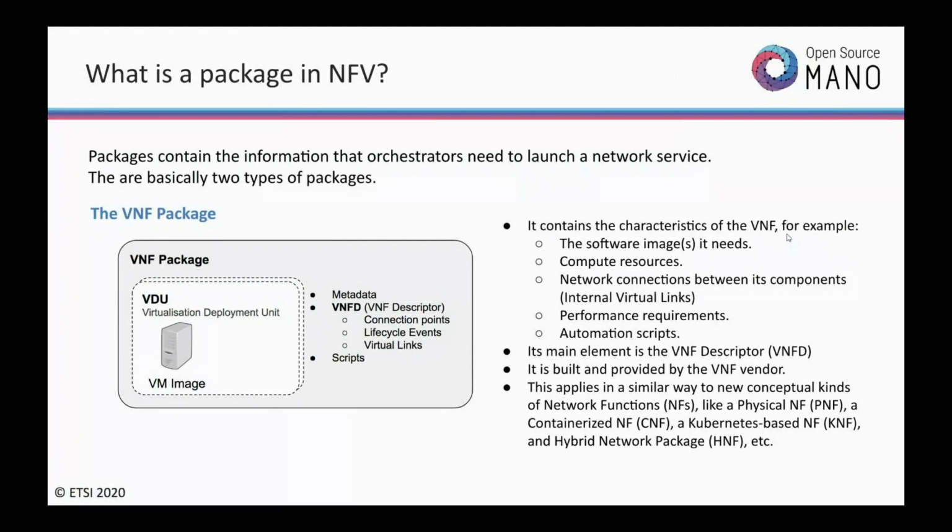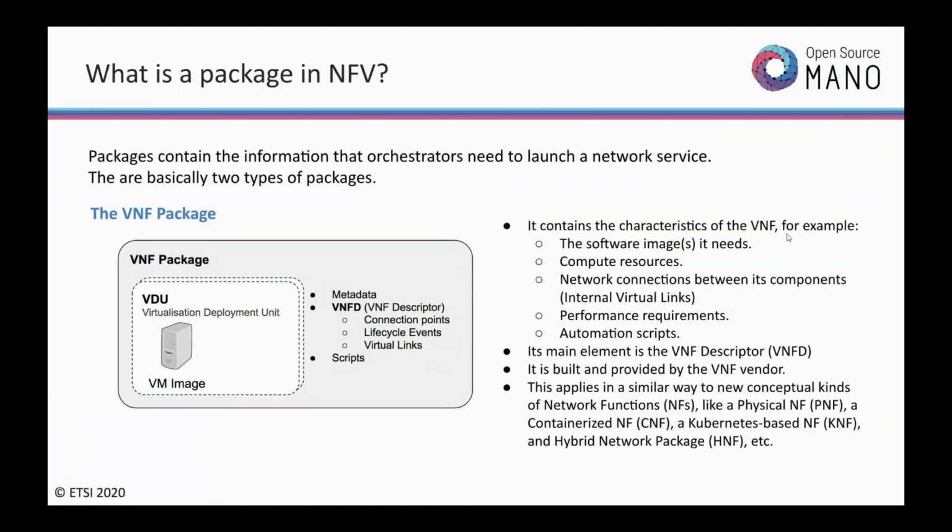So it makes sense to own some of the configurations as some physical network functions. We have containerized network functions. We have Kubernetes-based network functions, which might be the same. We have hybrid network packages or functions, sorry, that mix many of these network function types in a single package.